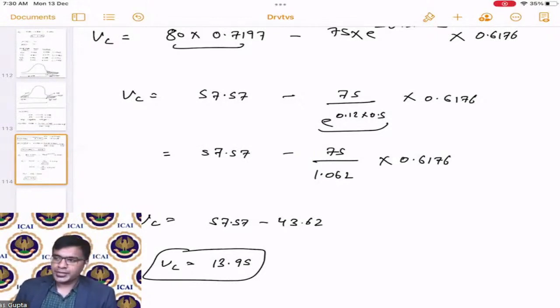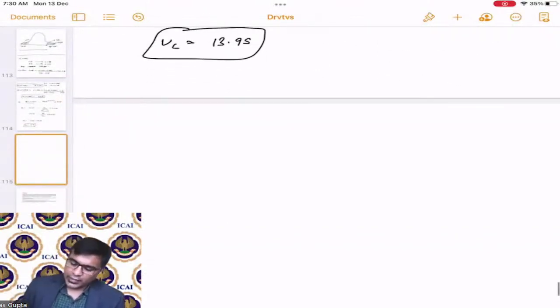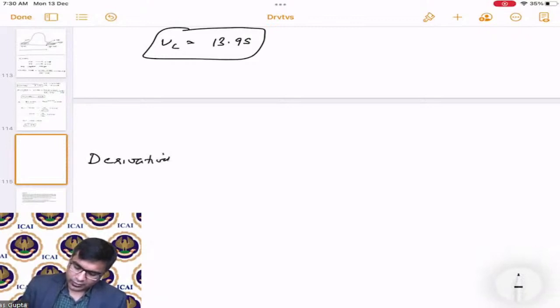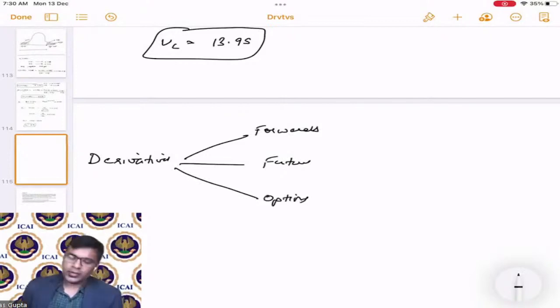So the next concept is the put call parity theory. Now, just to recap for 2 minutes, till now in derivatives we have studied forwards, futures, and then options.